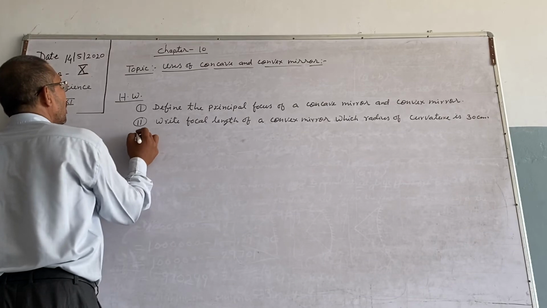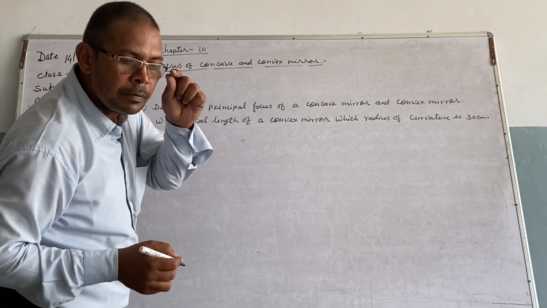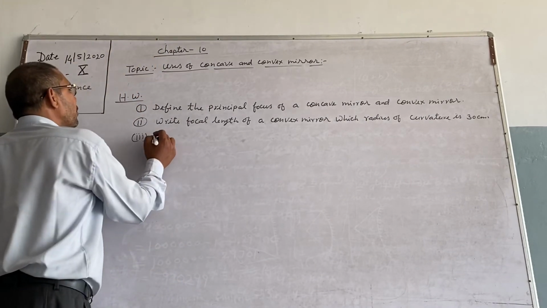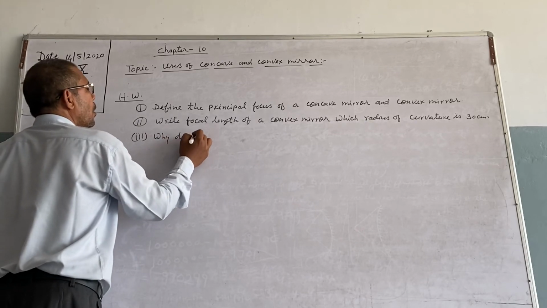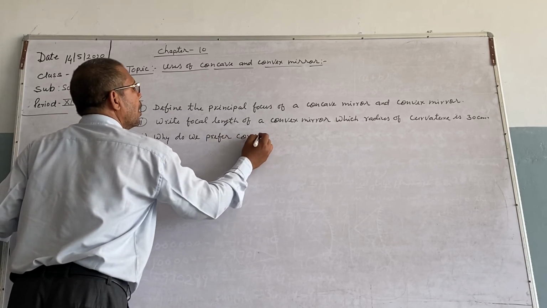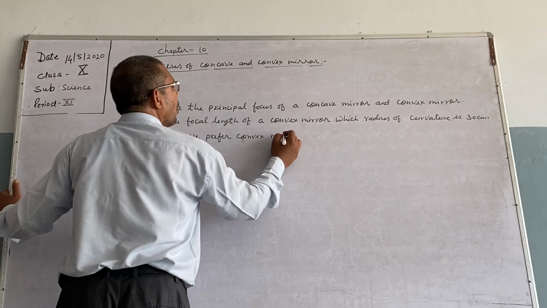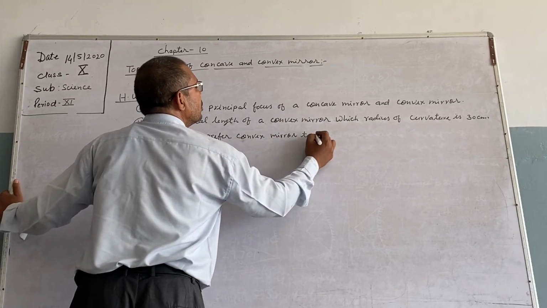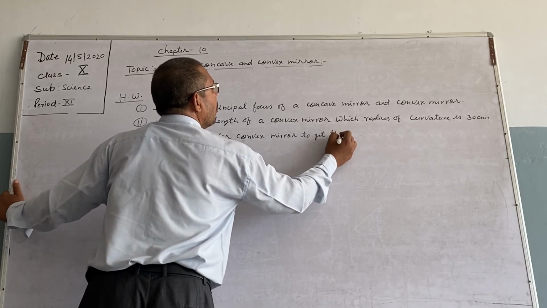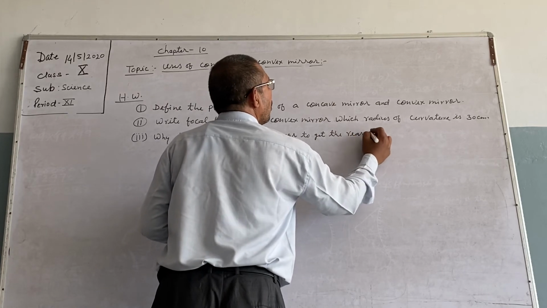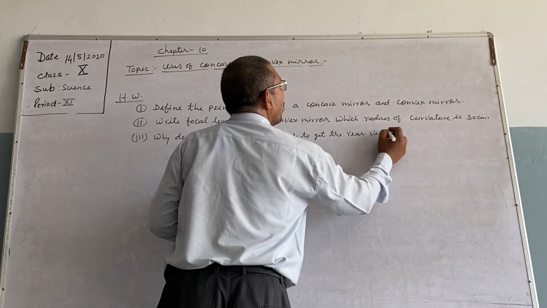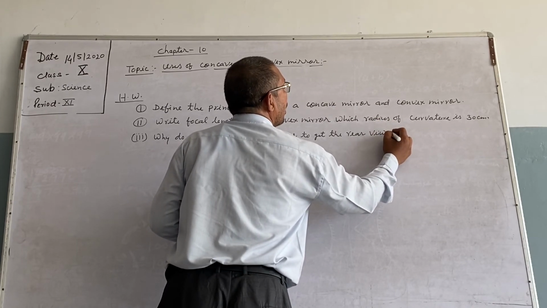Third question. Why do we prefer convex mirror to get the rear view of a vehicle?